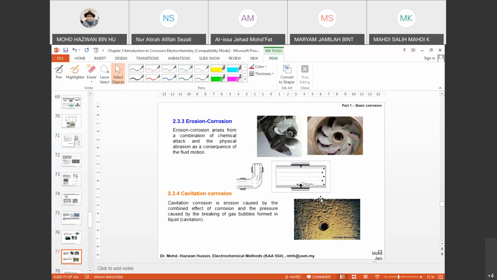Yeah, and another thing will be erosion corrosion. Erosion corrosion is basically the combination of erosion and corrosion. For example, if you look at this pipe, the design has a sharp turning like this.